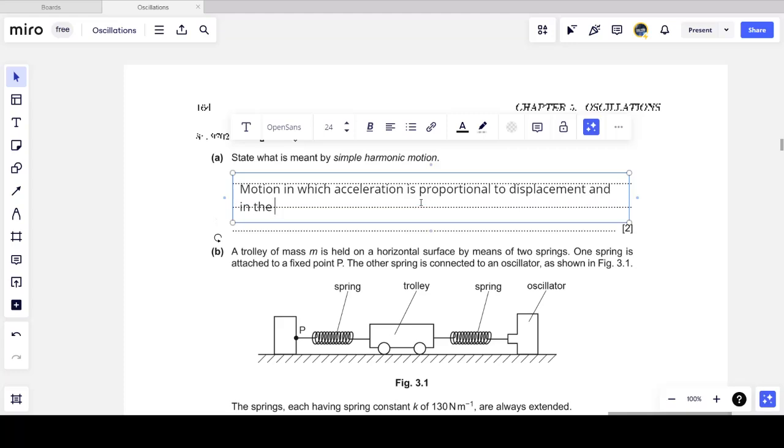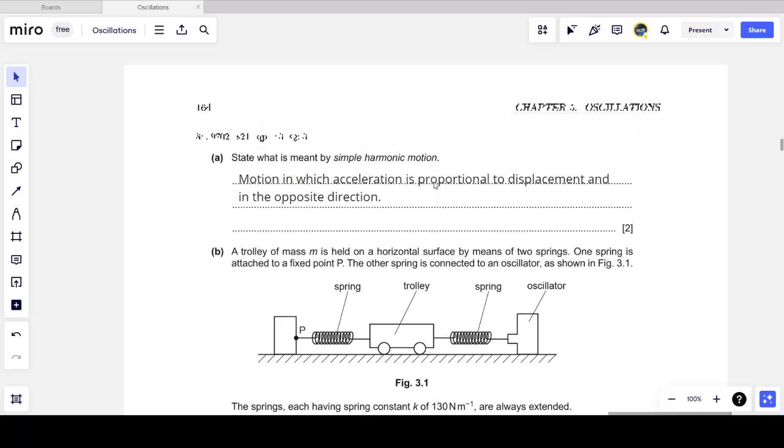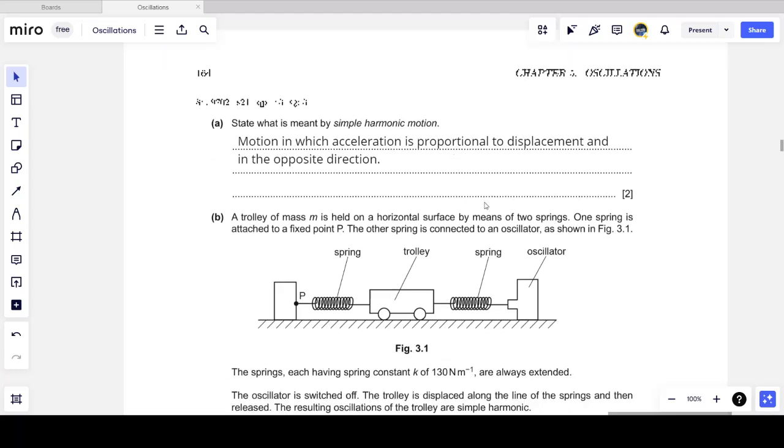So a mark for saying proportional and a mark for saying opposite direction.